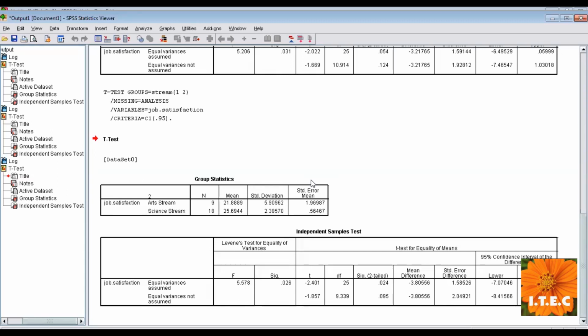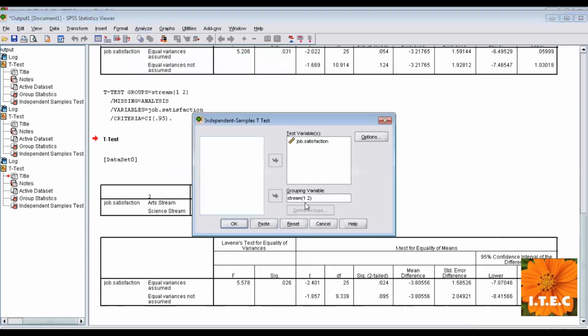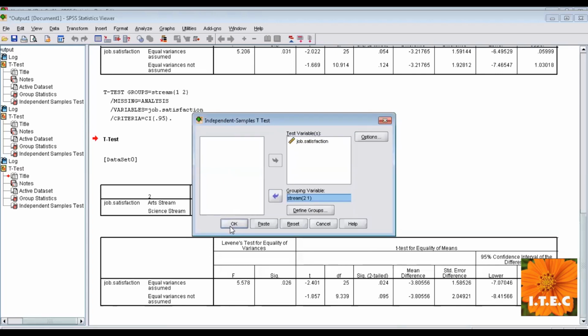And the T value is, it is given minus, but it is not minus. Why minus has come? Because 21 minus 25. If I do like this, if I enter the one first, say this is 2 and this is 1, and you see the value.